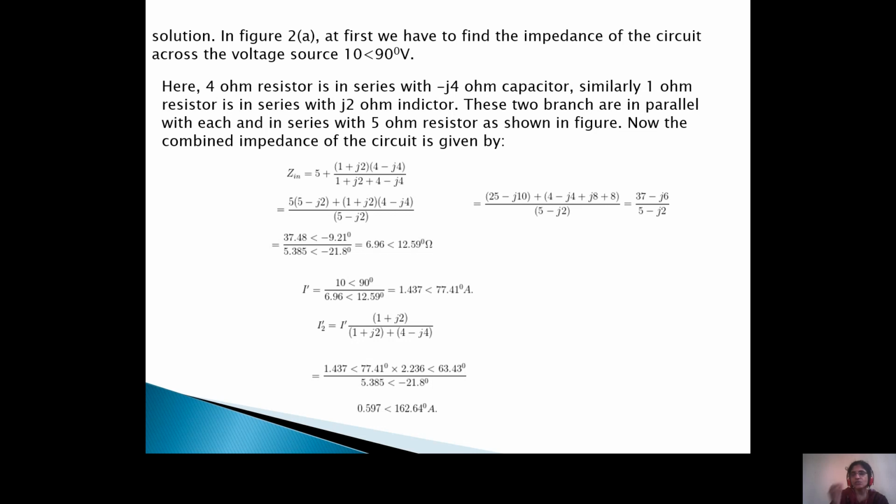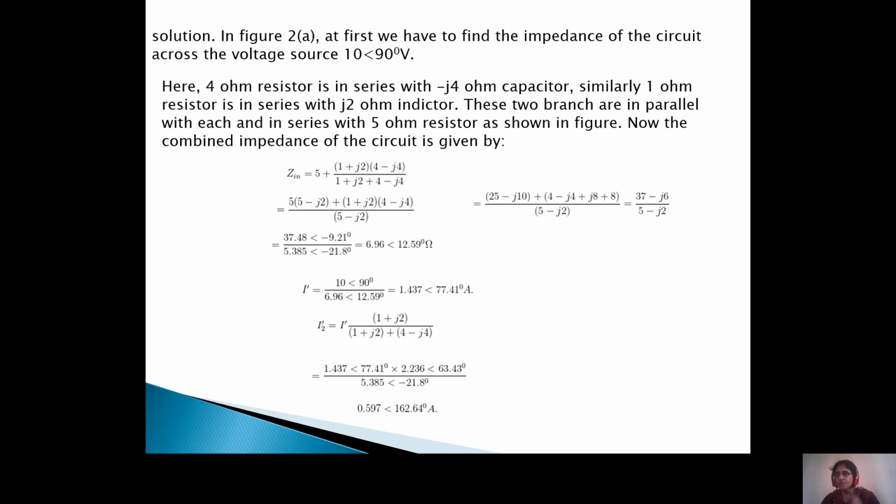When you use the calculator, how do you convert rectangular to polar and polar to rectangular? If the rectangular form is 2 plus J3, then to convert into polar: shift, polar, 2 comma 3. 2 plus J3 means 2 comma 3. 2 minus J3 means 2 comma minus 3.